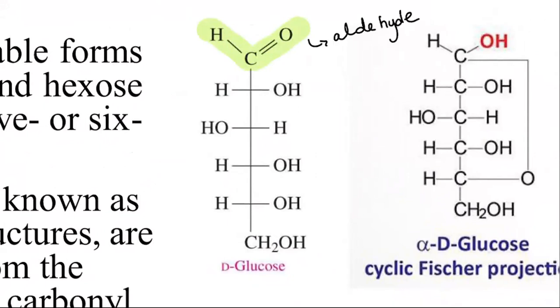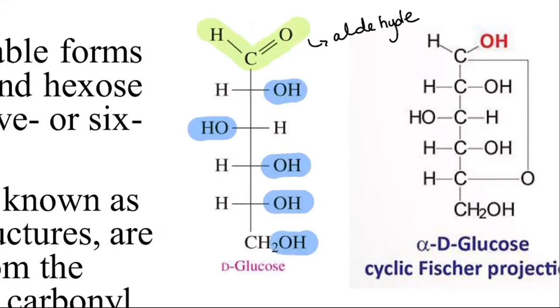And then we know that in the rest of the molecule of glucose, we're going to have a series of hydroxyl groups. And we can see those hydroxyl groups right here. We have 1, 2, 3, 4, 5 hydroxyl groups.